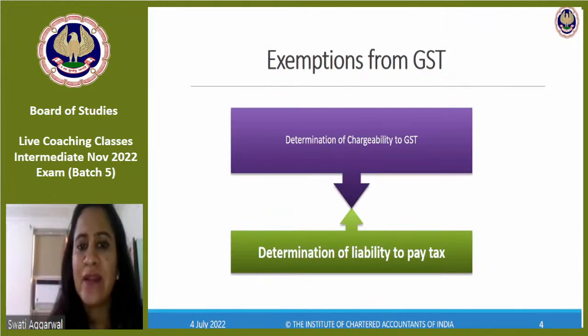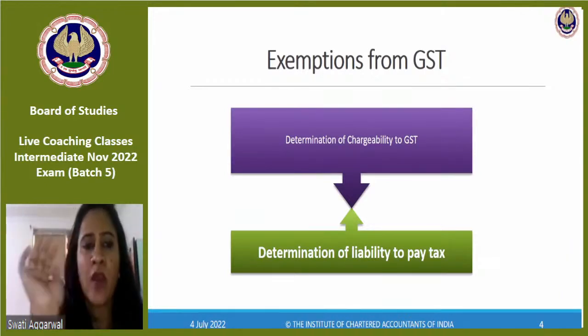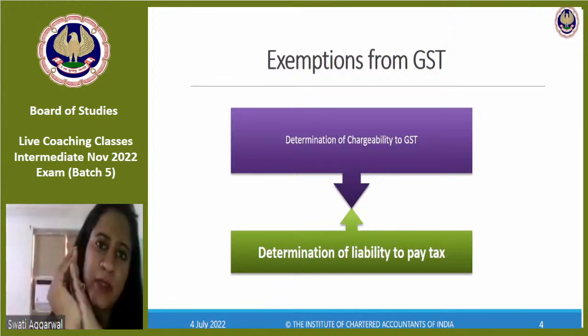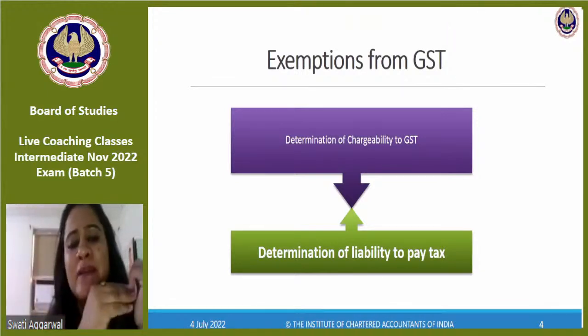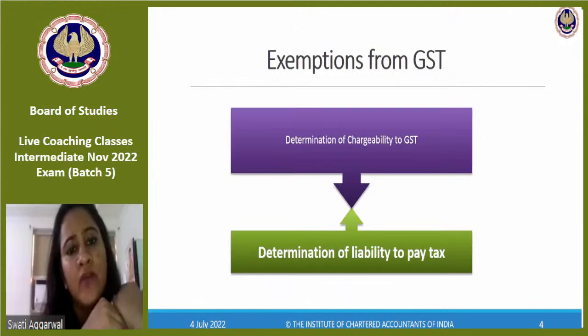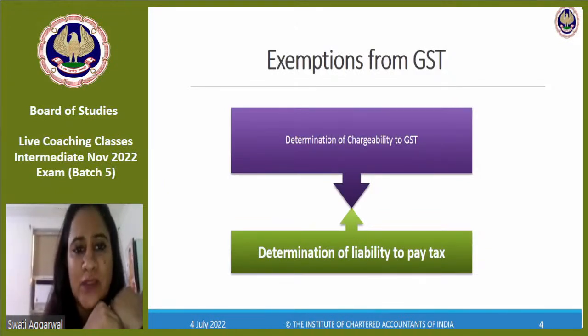If yes, then the liability to pay tax will be nil, even though the same supply is chargeable to GST. But if something is chargeable to GST and there is no exemption, then there will be a liability to pay tax on that particular supply.